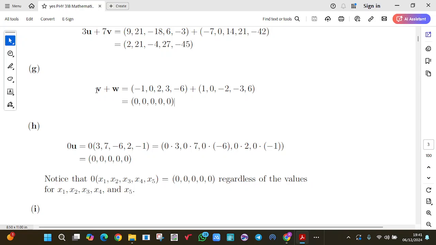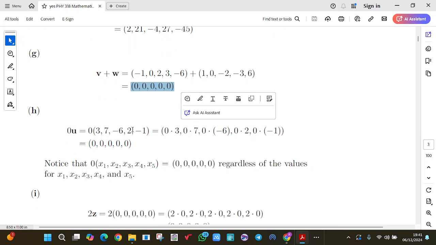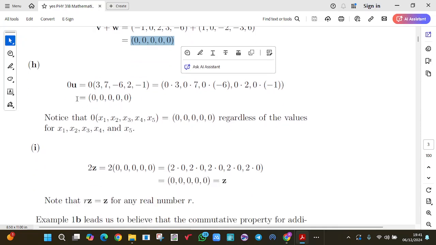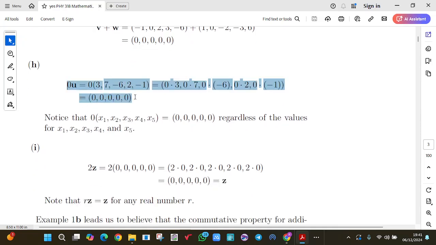Now look at what happened with the G. U plus V gives you, or this type of matrix is referred to as the null matrix. I mean the null, it's zero, plus W. Are we together? Yes. And then look at the H also is the same. Notice that 0 times this element gives you this element, regardless of the values for x1, x2, x3, x4.